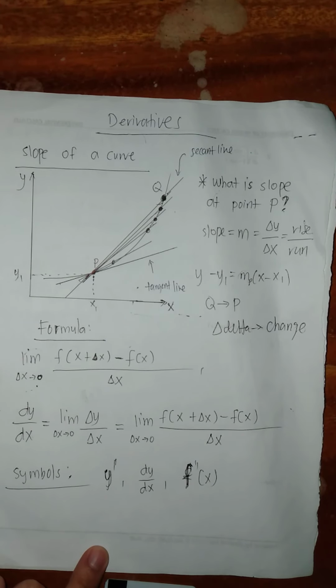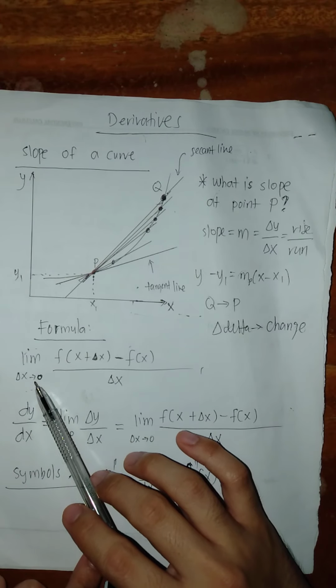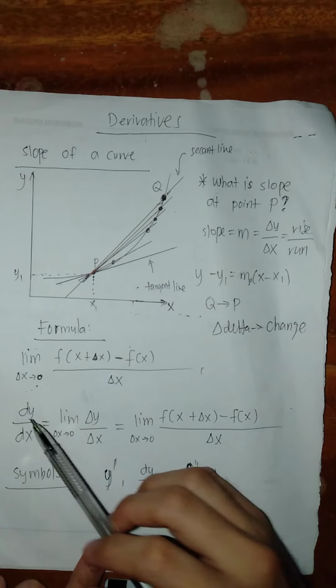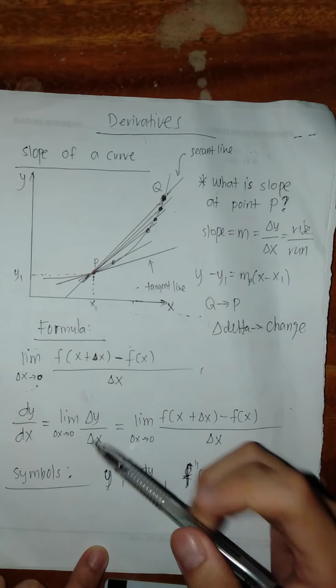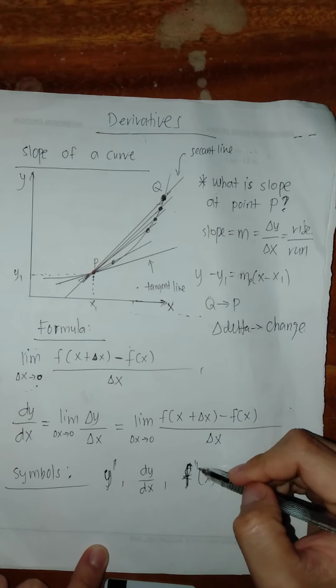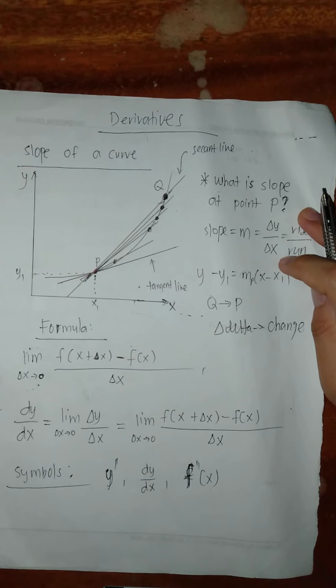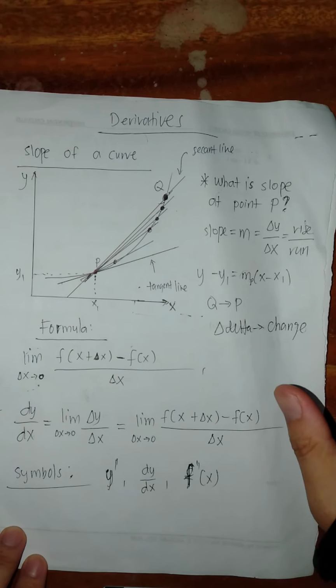So when you take the limit of the function as delta x approaches 0, that means you're getting the derivative. That's dy over dx, it can be y prime, it can be f prime of x. That's how you get the derivative. Okay, that's how I explain derivatives.